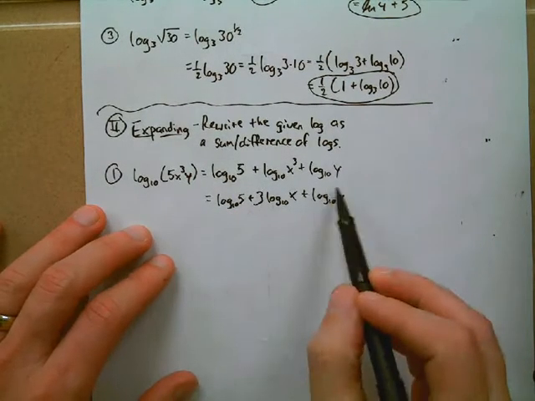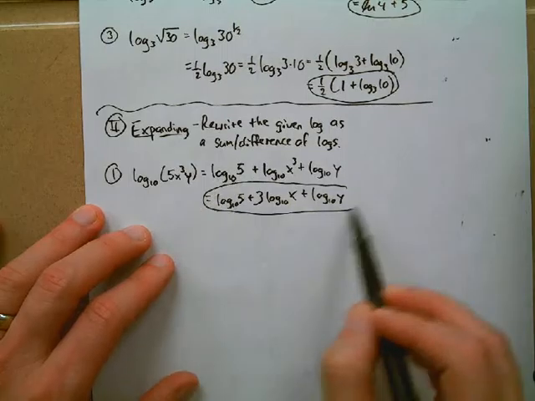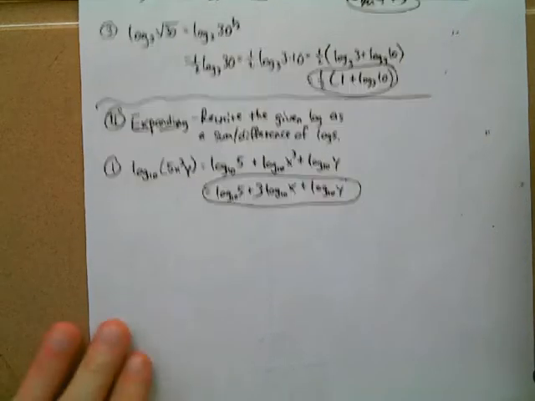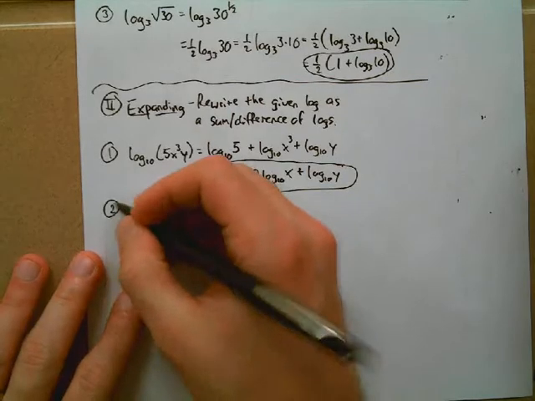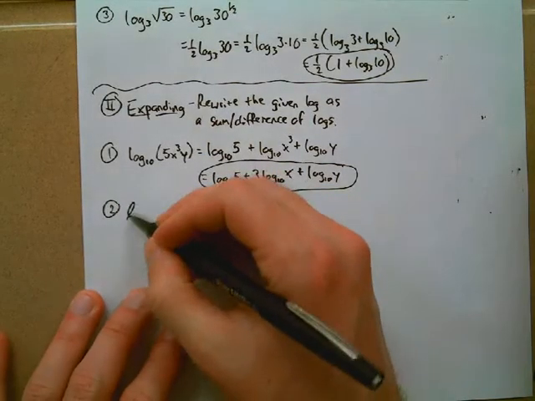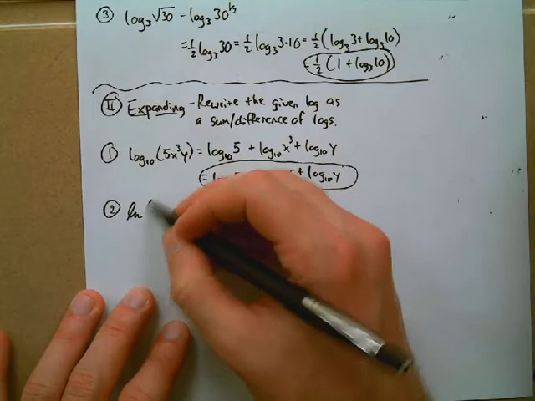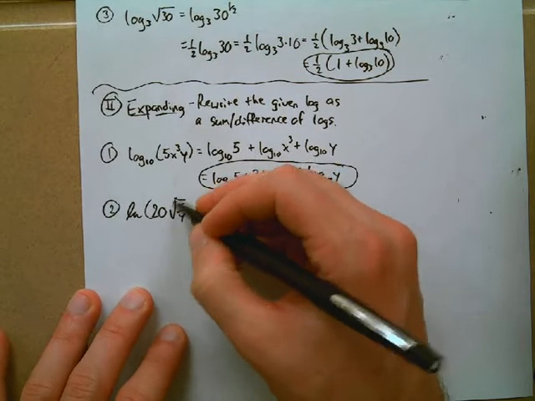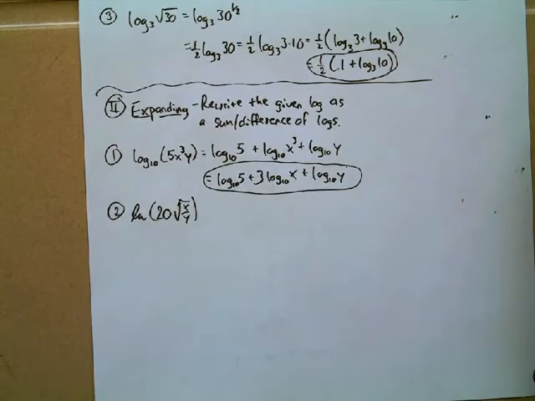All right, let's try another one. Let's do the natural log of 20 times the square root of x over y. All right. Now at first this might look a little daunting, but again, just take it piece by piece. You don't have to break the whole thing up all at once, although that's fine.